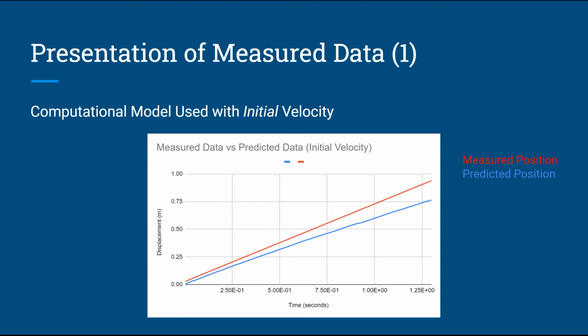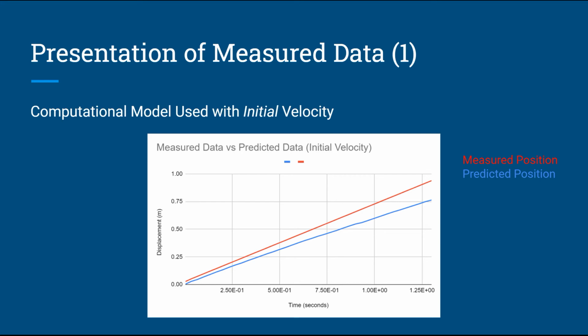On this first slide, you can see a graph demonstrating the measured data created through our experiment against the predicted data created by the GlowScript computational model using the initial velocity in the programming. Here you can see a very clear discrepancy on the graph between the measured position and the predicted position over time, while the two data trends do begin quite close together.